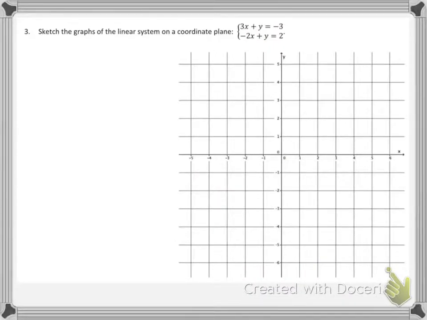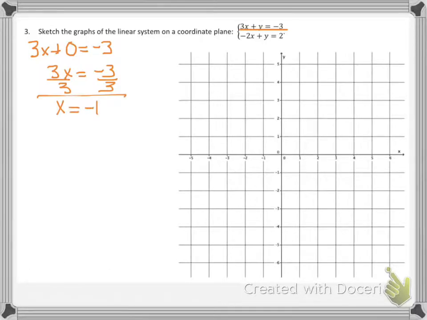Okay, we've got standard form in both cases. So I can use the x and y intercepts, and I'll start with the first equation, 3x plus y equals -3. And I'll find the x-intercept first. So 3x plus y, I'm going to make y a 0, equals -3. And so then I get 3x equals -3. And if I divide by 3, I get x equals a -1.